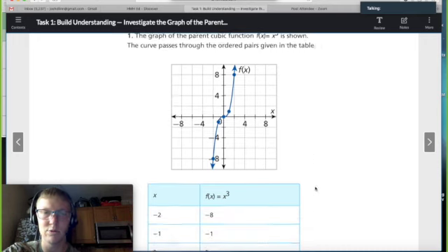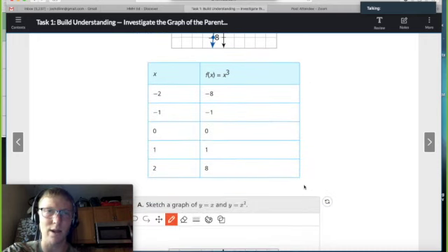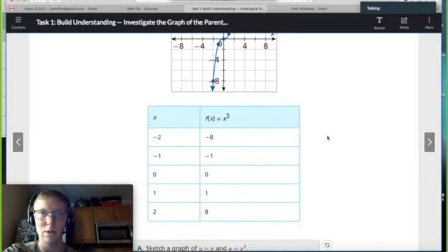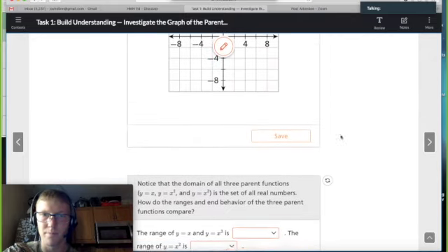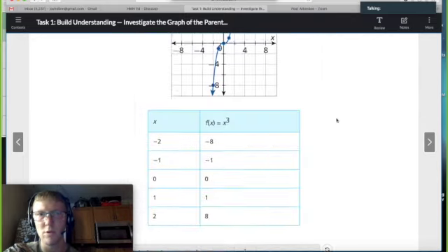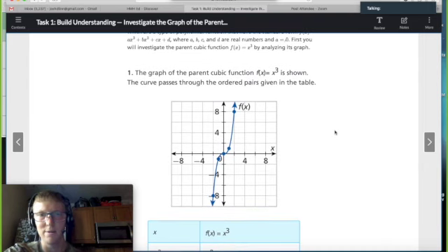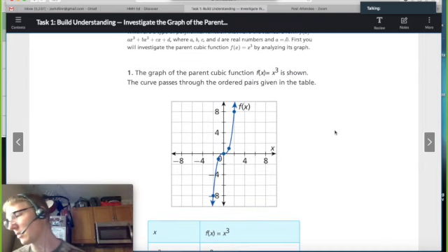And if you were to chart some values out for x, here's all of our x's. Here's what they would equal. And again, they would be on this graph somewhere. So as a quick review, we could talk about the domain of this.